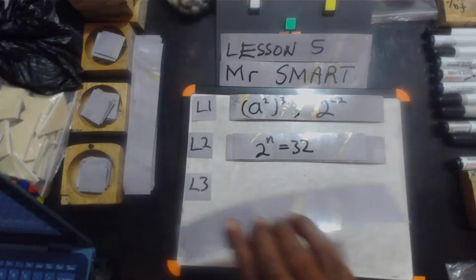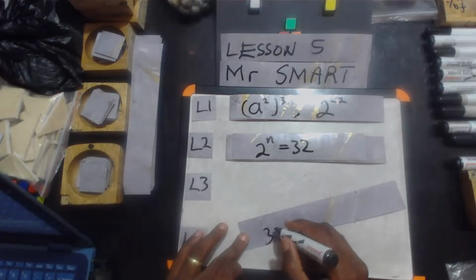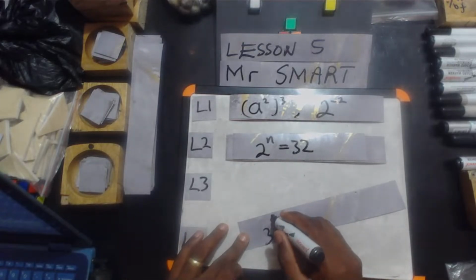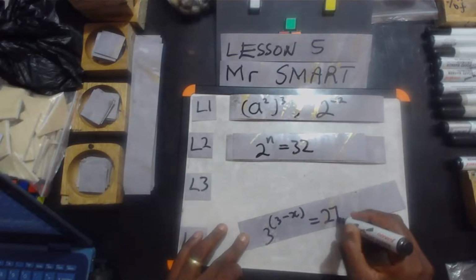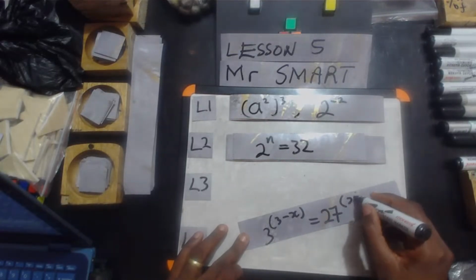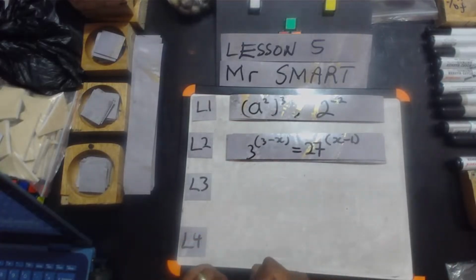And let's try an interesting level 2 question, which is 3 to the power 3 minus x is equal to 27 to the power x minus 1. Yes, let's try this also.